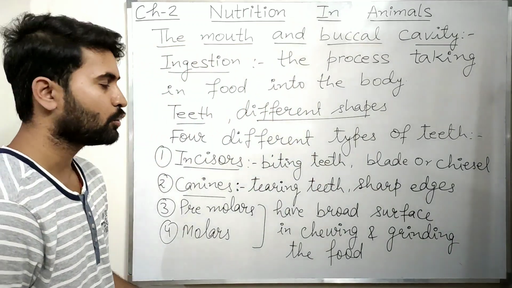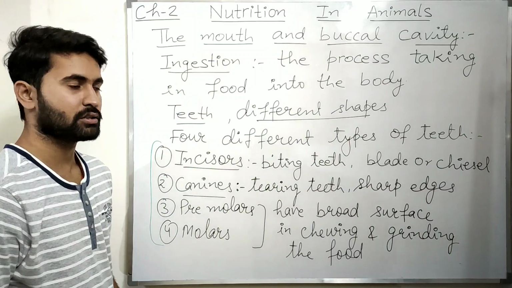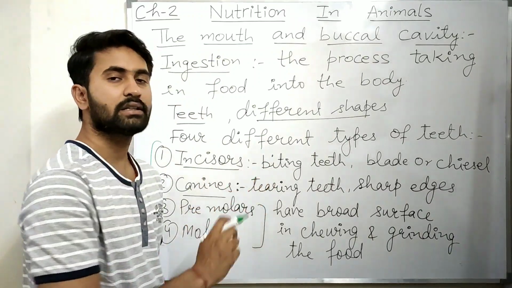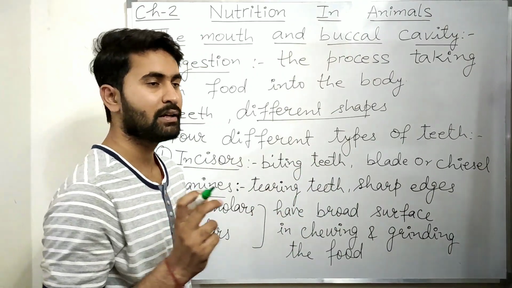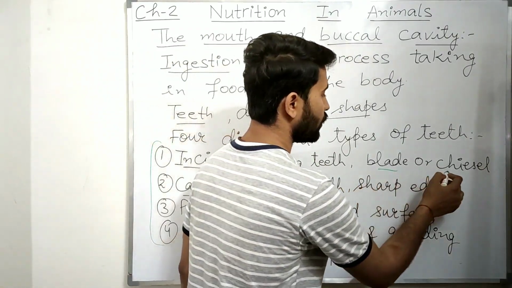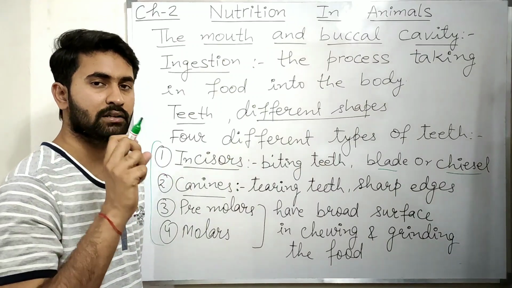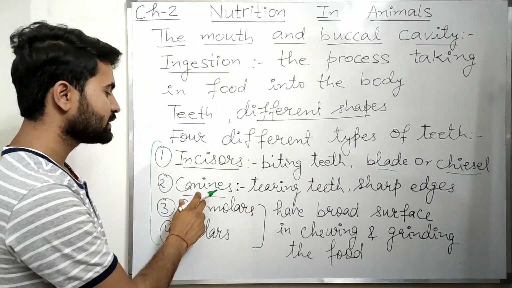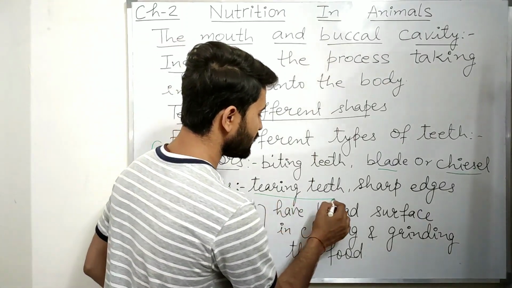These are the 4 types of teeth and their functions. Incisors, also known as biting teeth, have the shape of a blade or chisel, and they help us in cutting the food. Next is canines, also known as tearing teeth.